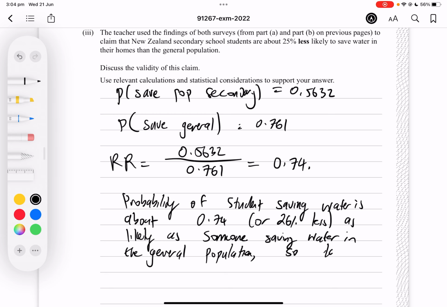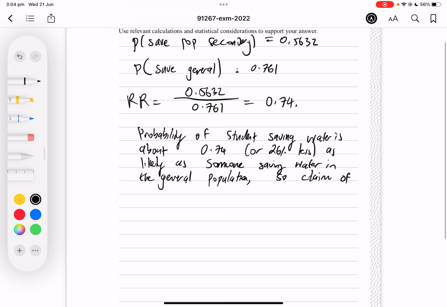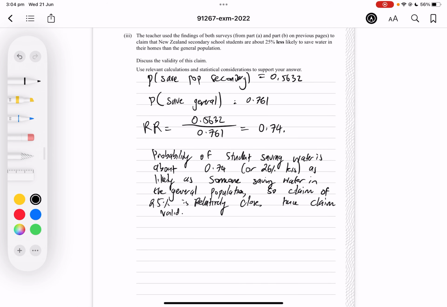So the claim of 25% is pretty close. Hence, claim valid. Alright, so that's the first part done.